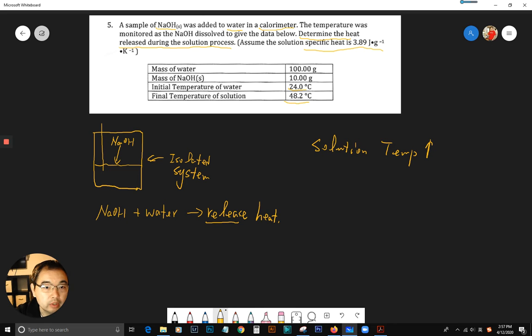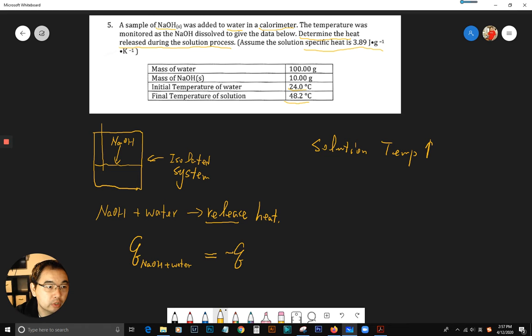So in general, we can use the equation like that. The Q of the sodium hydroxide reacting with the water, this is the energy released, is equal to the energy absorbed.